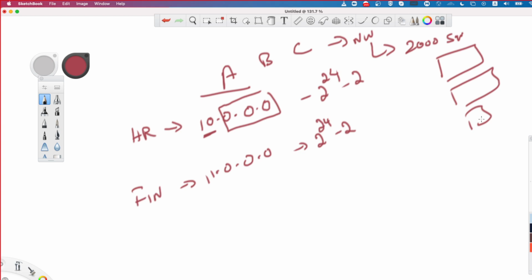So what I mean to say is, when I take a network called 10.0.0.0, I call it a network, right? So I call this a parent network or major network. Keep in mind, this is a parent. Now this is your 2000 square feet house.